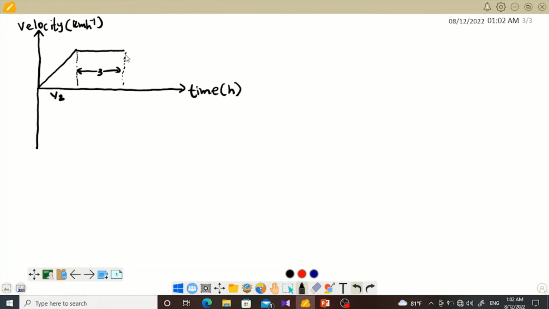Then with constant retardation, it moves and comes to rest at station Q. I mark this velocity as V, and I can mark this as alpha, this as beta. Okay. So I have drawn the velocity time graph for the train.